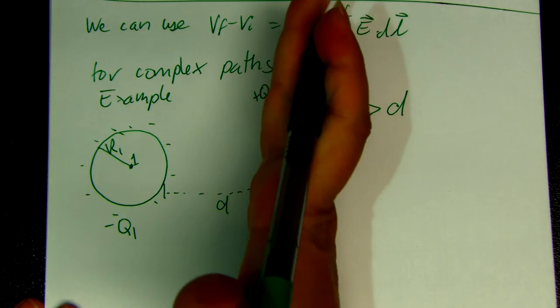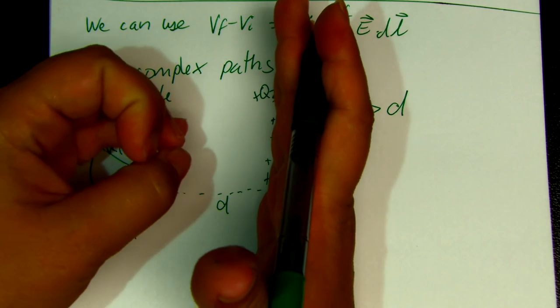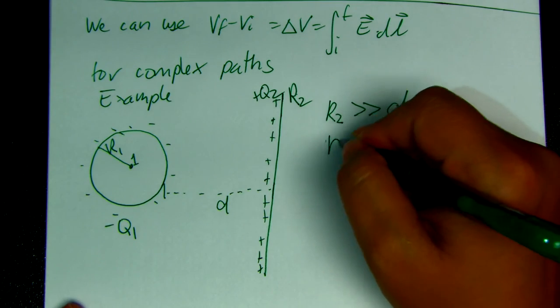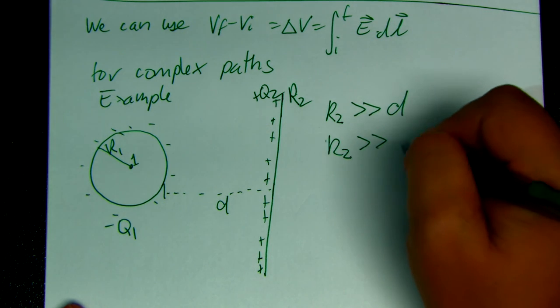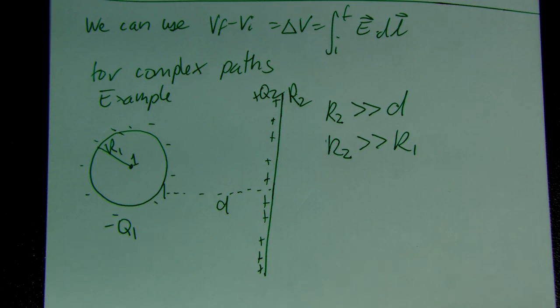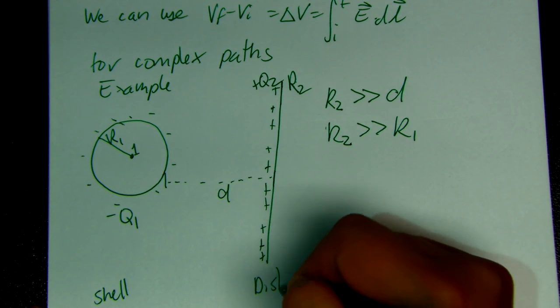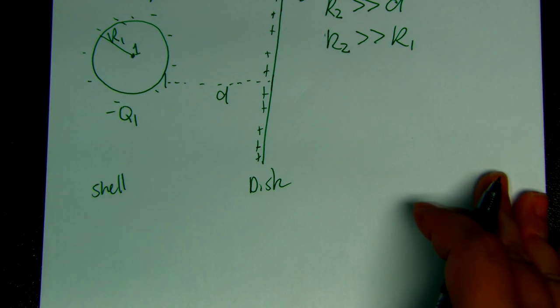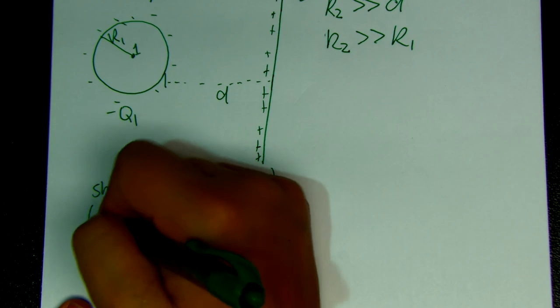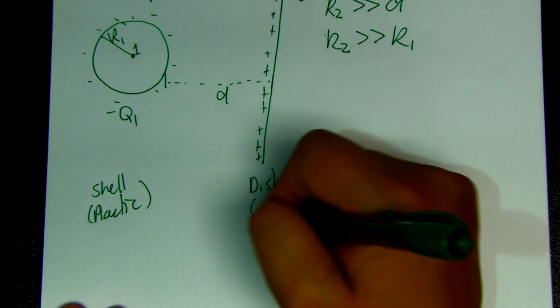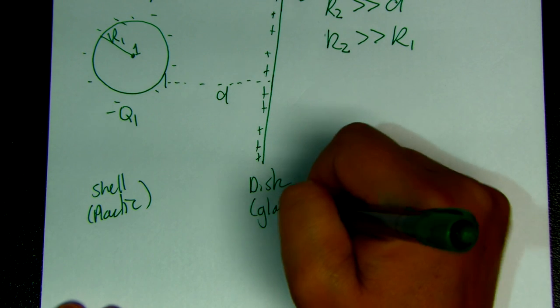So this is a disk like this. And R2 is much, much greater than R1. So, shell, disk on its side. And the shell is made of plastic, and the disk is made of glass.